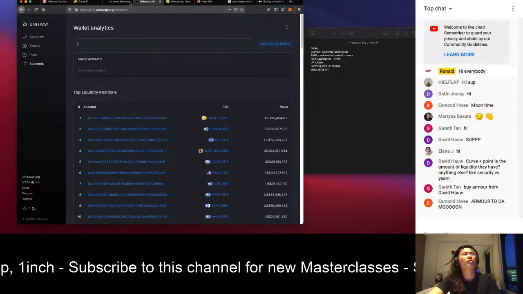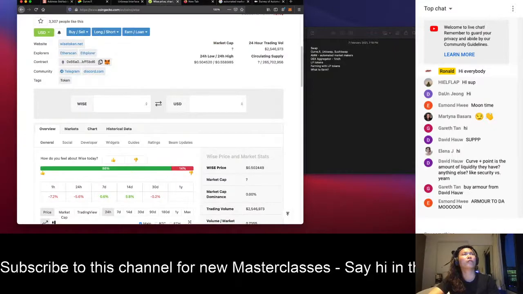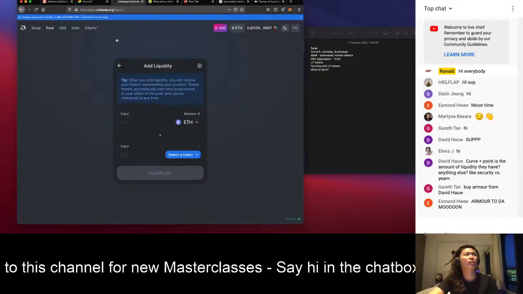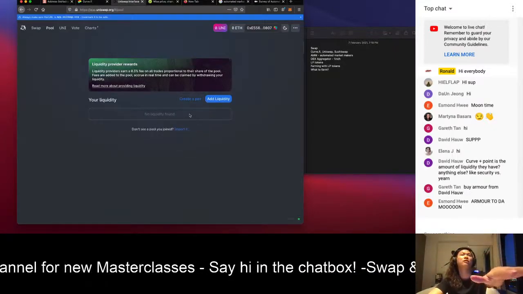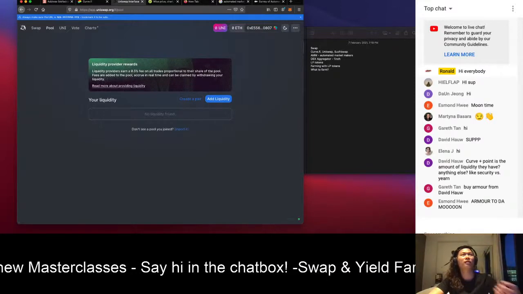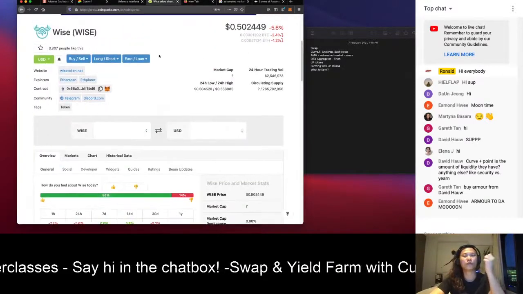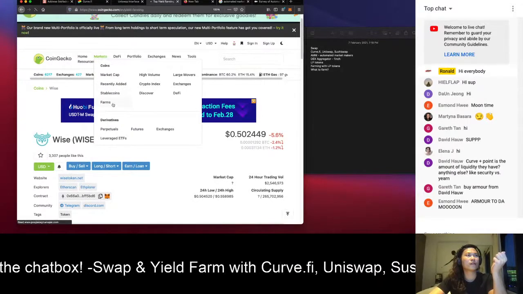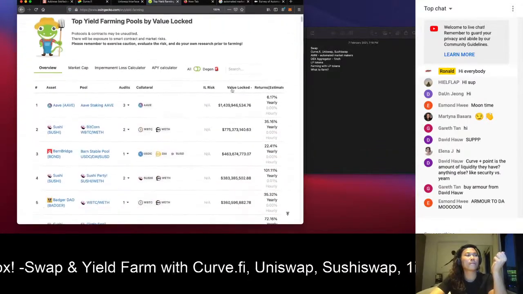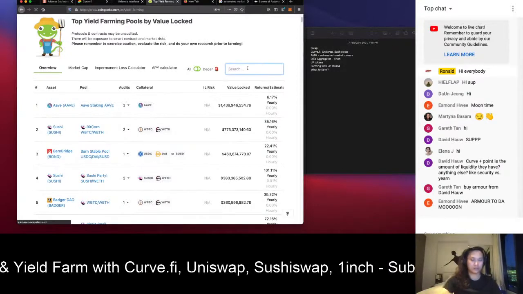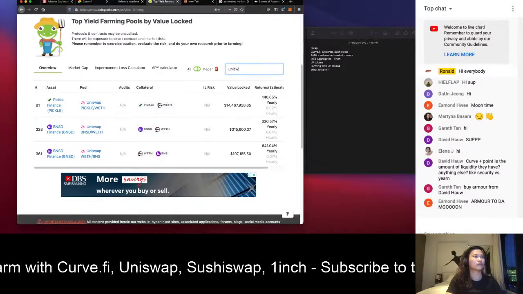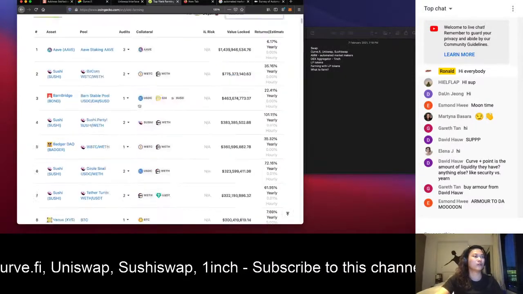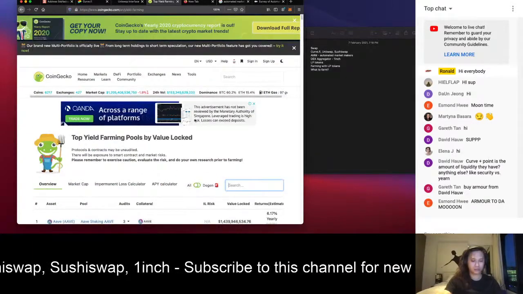So when you're doing liquidity provision, if you pool WBTC and Ethereum, the receipt that they give you is what you can use to go and farm. So if you go to markets and then farm, and then search for Uniswap, let's search for Uni.